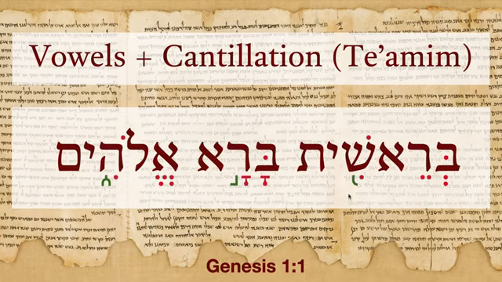There are other methods known as Palestinian and Babylonian as well, which have gone out of date. So any Hebrew Bible that you pick up, whether online or a physical copy, what you see is what we have shown here, the Tiberian vowel pointing and cantillation, both of them.